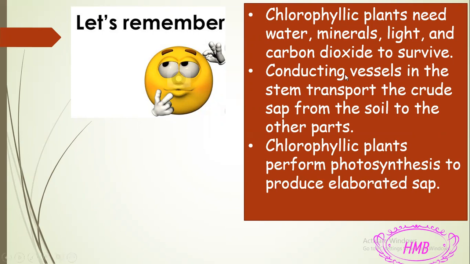Also, chlorophyll plants perform photosynthesis to produce elaborated sap. So photosynthesis is a process that happens in the green plants, and it is important for the plants to make their own food, and this food is an organic matter called elaborated sap.